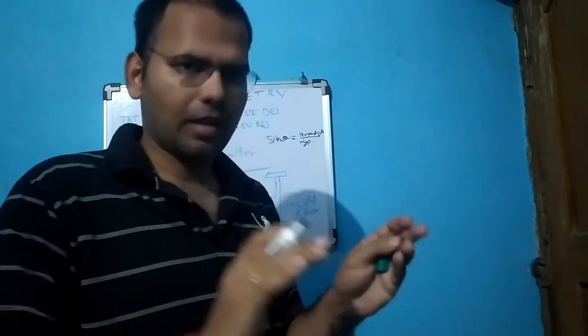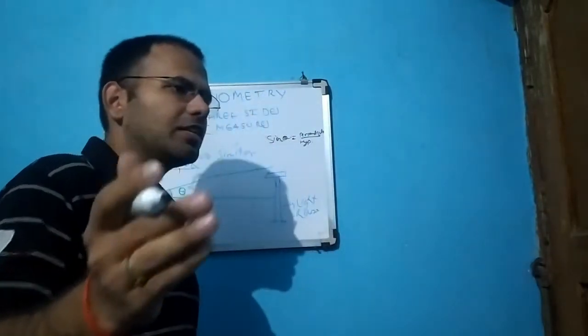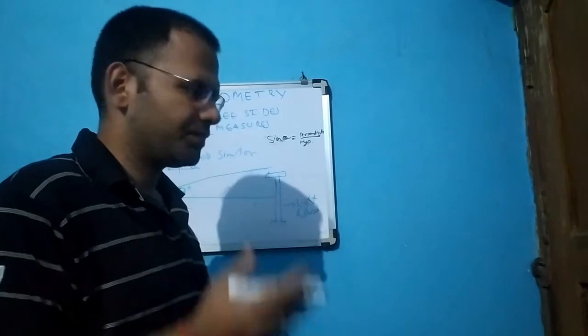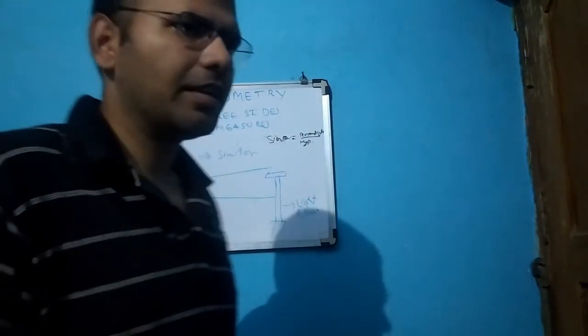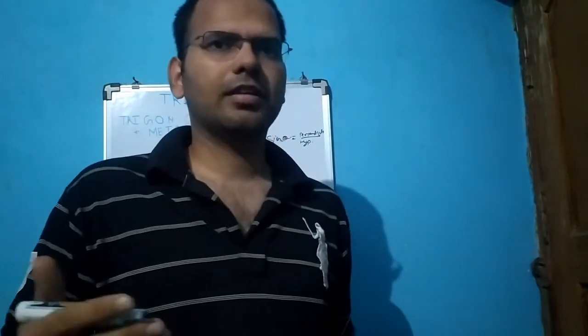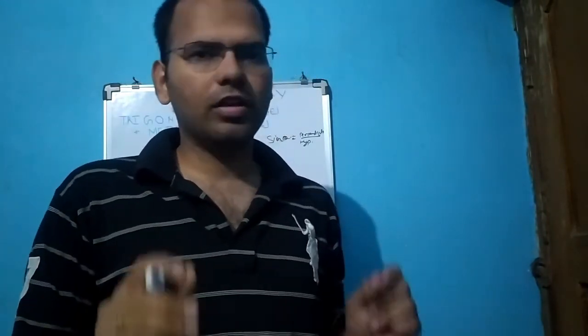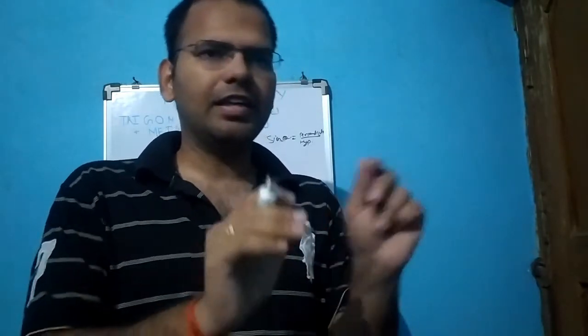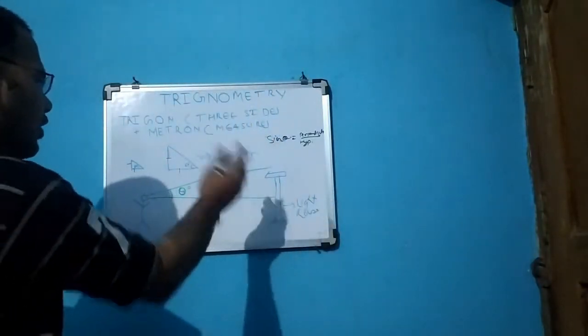Now as I cleared that up, what is the application of trigonometry? The application of trigonometry is in navigation or measurement of heights and distances, where we only know one angle and one side of any triangular shape. For example, the lighthouse problem.